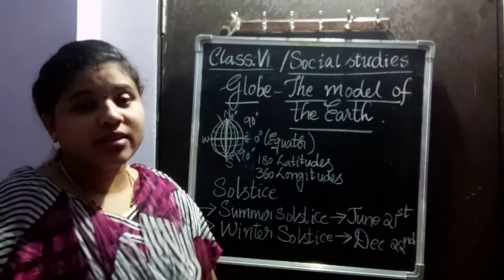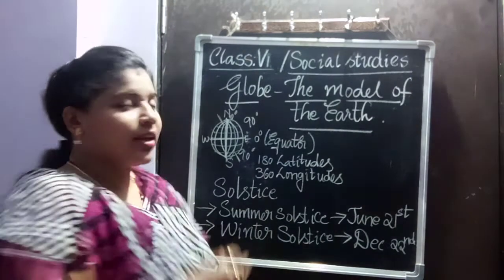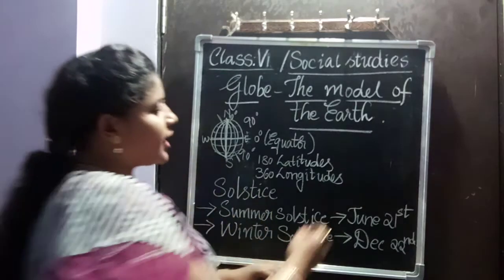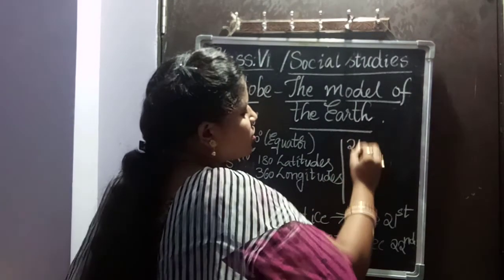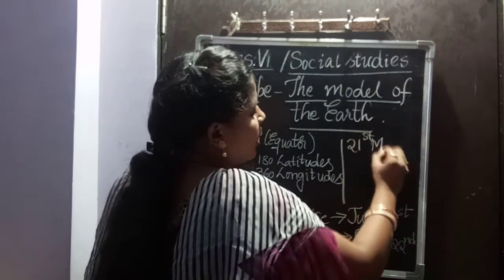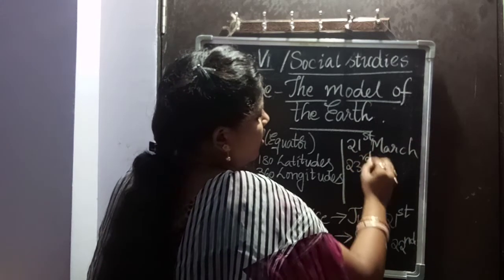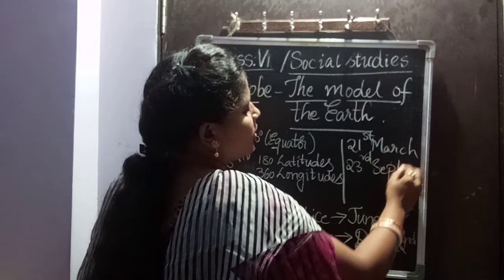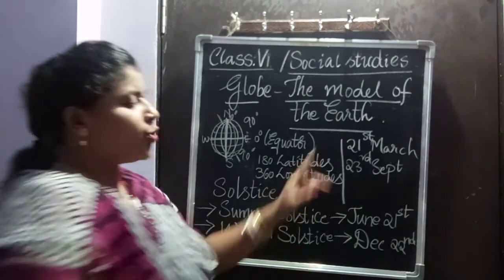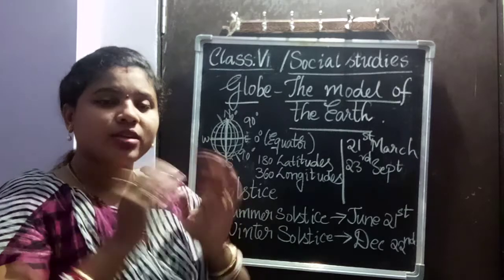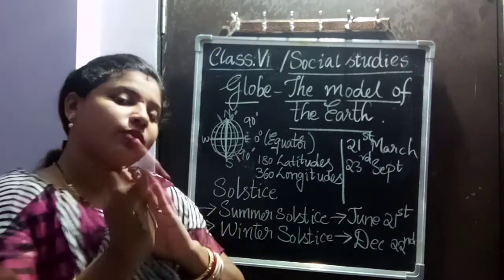Now there is a time when there are equal days and equal nights. That happens on 21st of March and 23rd of September. During these 2 days, in these 2 different months, the earth is experiencing equal days and equal nights.